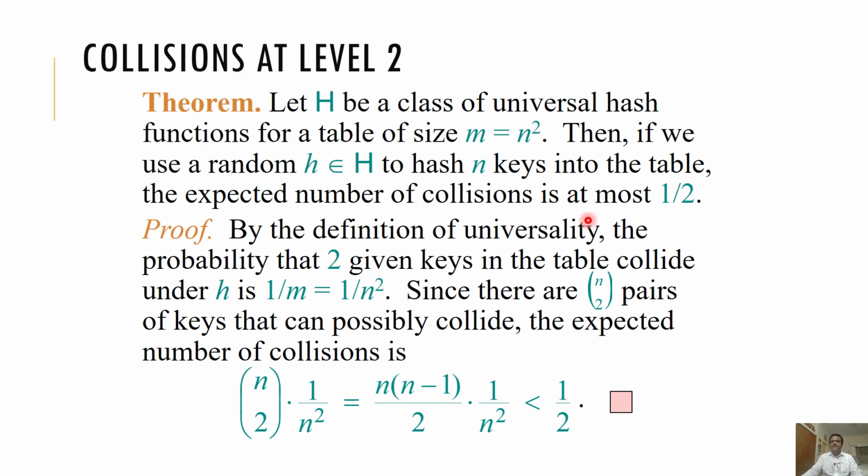Since the collection is universal, we are choosing the hash function from a universal collection, so 2 keys will collide with probability 1 by n squared, as the hash table has size n squared, and there are n keys, where n is basically n_i here. Now, what is the number of pairs of keys? n choose 2. So what is the expected number of collisions? n choose 2 into 1 by n squared, which is less than half.